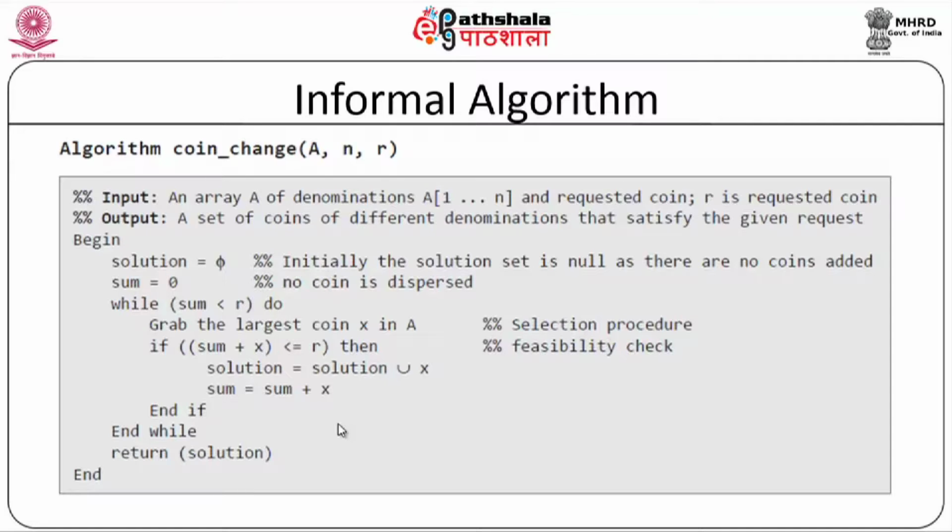When the sum plus the largest coin x is less than or equal to r, then we add the coin into the solution, then we increment the sum. So, this goes in a loop, and when we come out of the loop, the solution set will have all the coins that I am going to return.